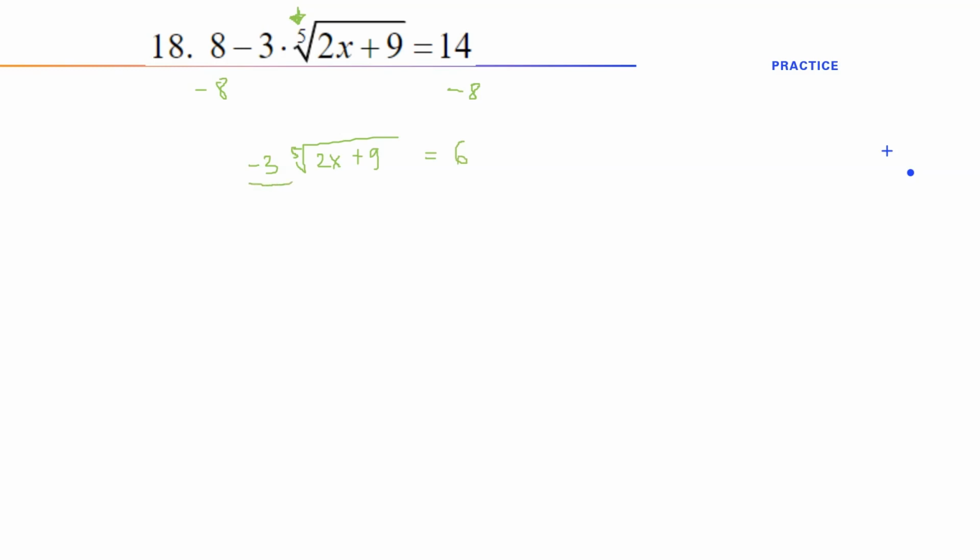Then divide both sides by -3. That's equal to 1. We have on this side 2x plus 9. And then 6 divided by -3 is -2.